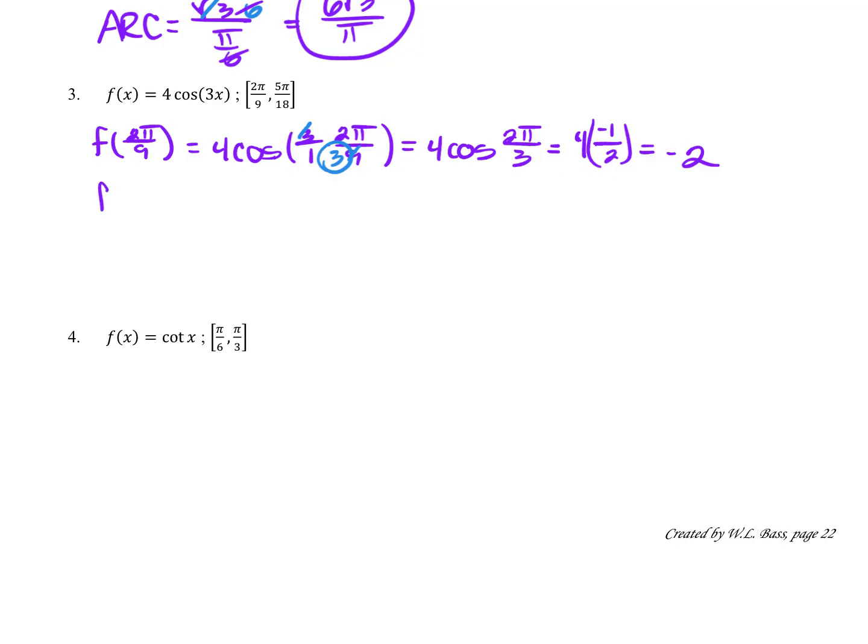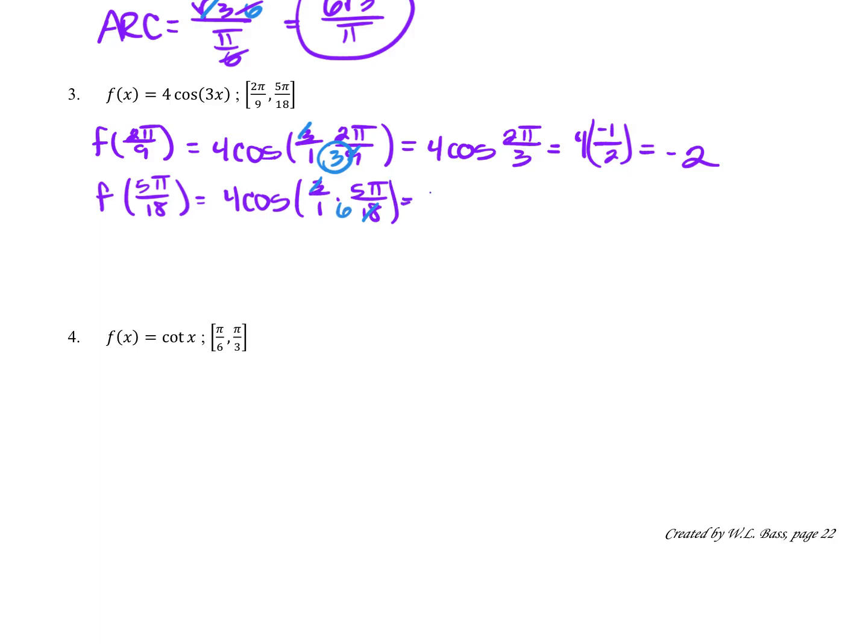Next, I'm going to do f of 5 pi over 18, which is 4 times cosine, don't forget that 3 over 1, times 5 pi over 18. Let's reduce our fractions. 3 will go into 18 6 times.